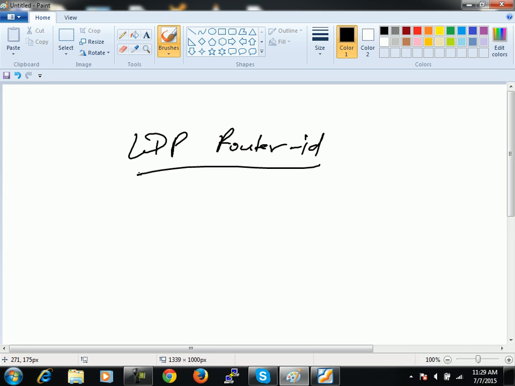This is the problem you will most often get in MPLS, that we do not care about the LDP router ID. Let's say it picked the highest loopback, and that loopback was not advertised into your routing protocol, so that loopback will not be reachable from the neighbor device. Now they cannot form LDP neighborship. So remember that in LDP it is mandatory that the router IDs must be reachable.